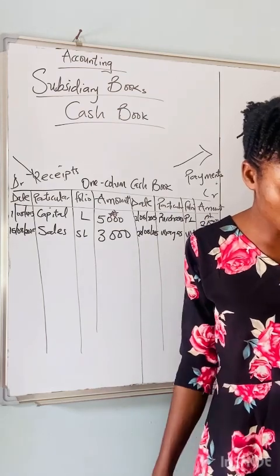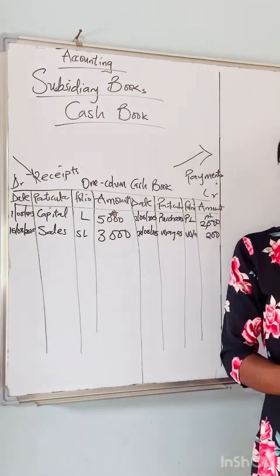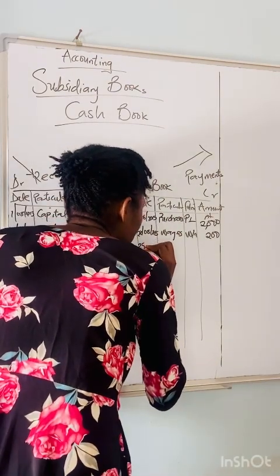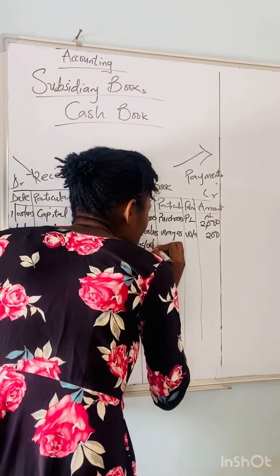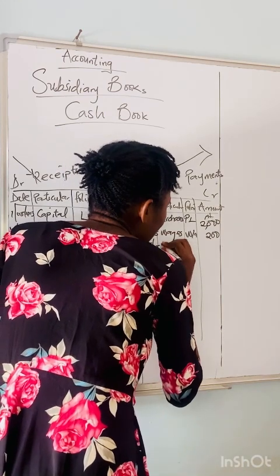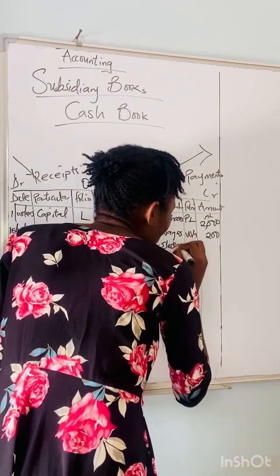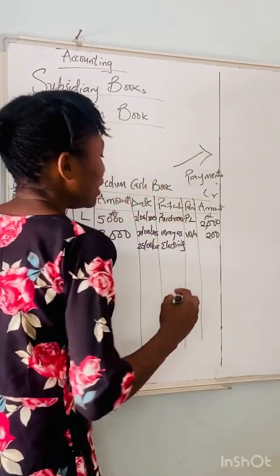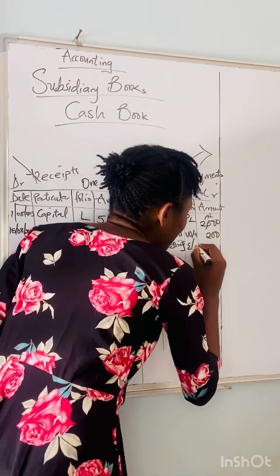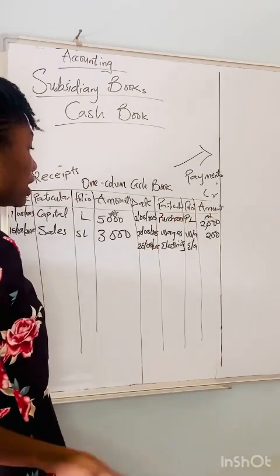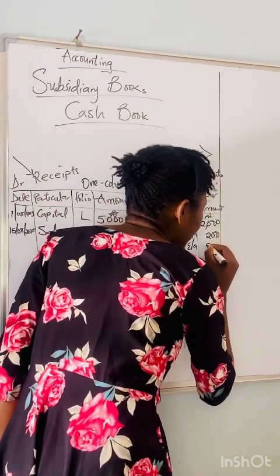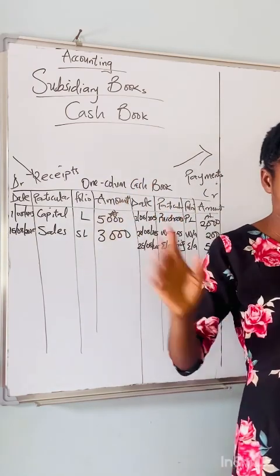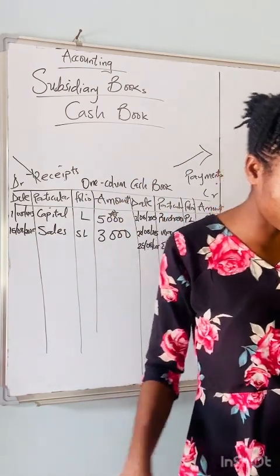So on the 25th of August we paid electricity bill. Our particulars will have electricity bill, and we'll find it in our electricity account in the ledger, by cash, 500 naira. Everything involved in this case is just cash. There was no bank account, no cheque involved.